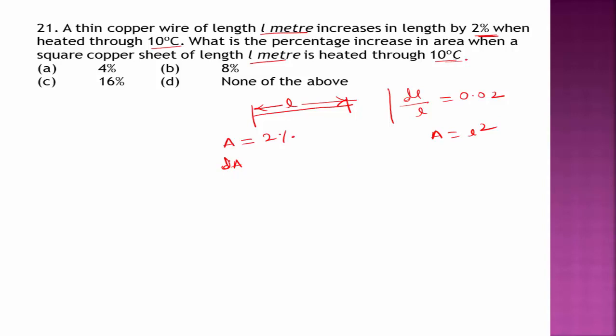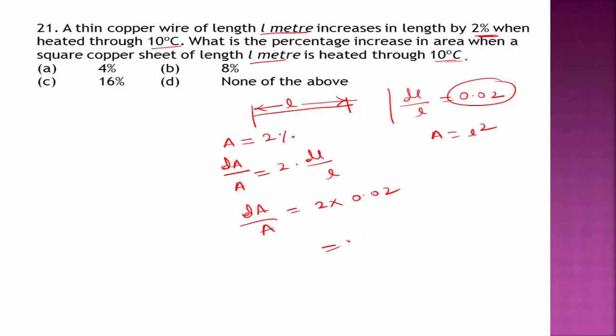We know the formula: the change in the area of that copper sheet, dA divided by A, is equal to 2 into dl divided by L. Now the change in the area dA divided by A is equal to 2 into dl divided by L, and dl divided by L is 0.02.